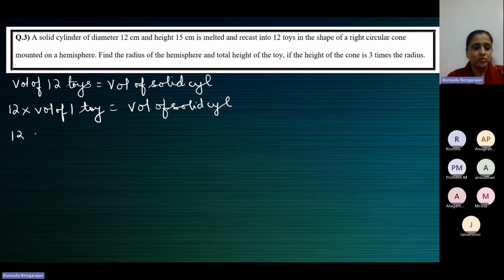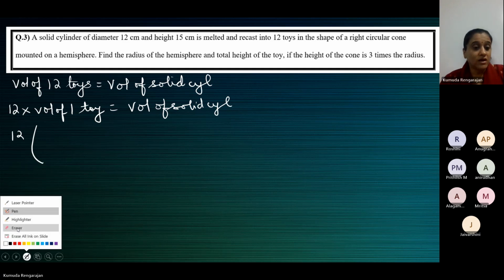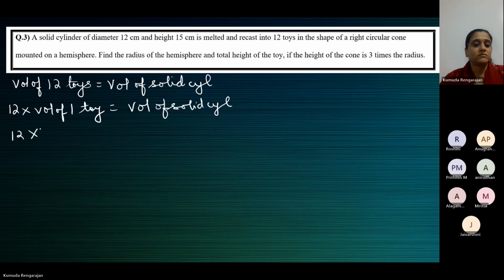Now 12 into, what's the volume of 1 toy? How will you break this? How will you further break down this volume of 1 toy, online students?